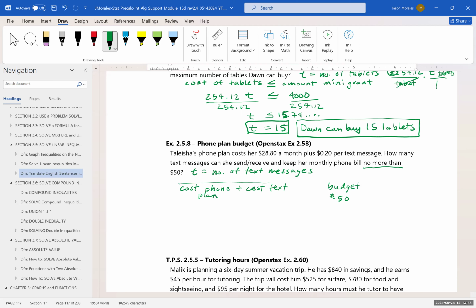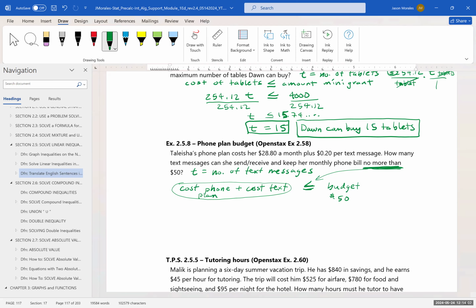So this cost here has to be less than or equal to the budget. We can understand that contextually; we don't really need to look so much at the wording here. But this no more than is also indicating less than or equal to.